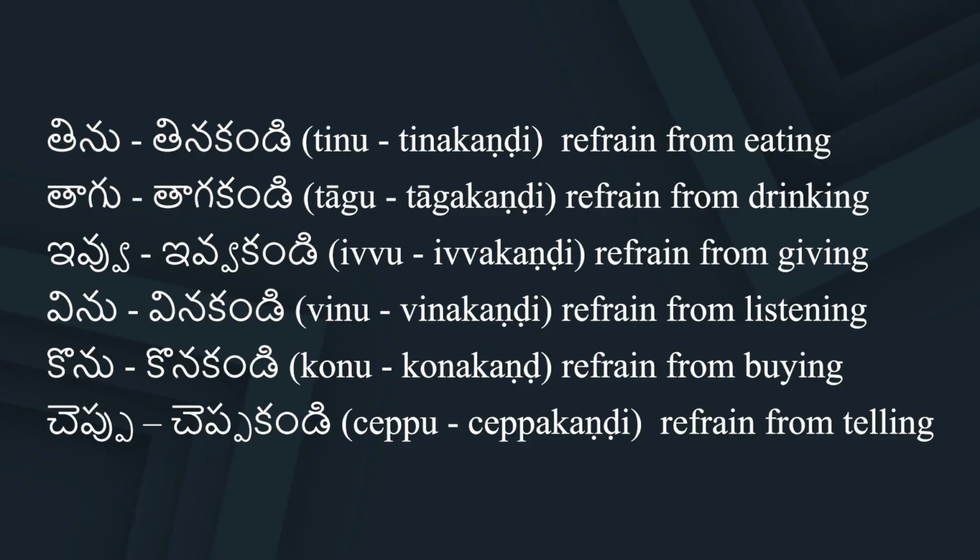See the examples. తిను, తినకండి, refrain from eating. తాగు, తాగకండి, refrain from drinking. ఇవ్వు, ఇవ్వకండి, refrain from giving. విను, వినకండి, refrain from listening. కొను, కొనకండి, refrain from buying. చెప్పు, చెప్పకండి, refrain from telling.